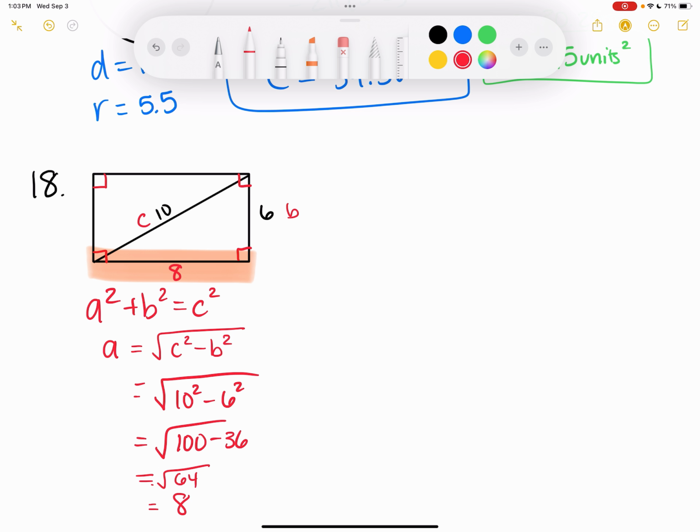So what if we just put the square root of 10 squared minus 6 squared on our calculator, and skip the part where you put 100 minus 36 and 64? That's fine, as long as you've shown something that shows how you set it up to find the other side. I could go in my head straight from here to 8, but yeah, that's fine.